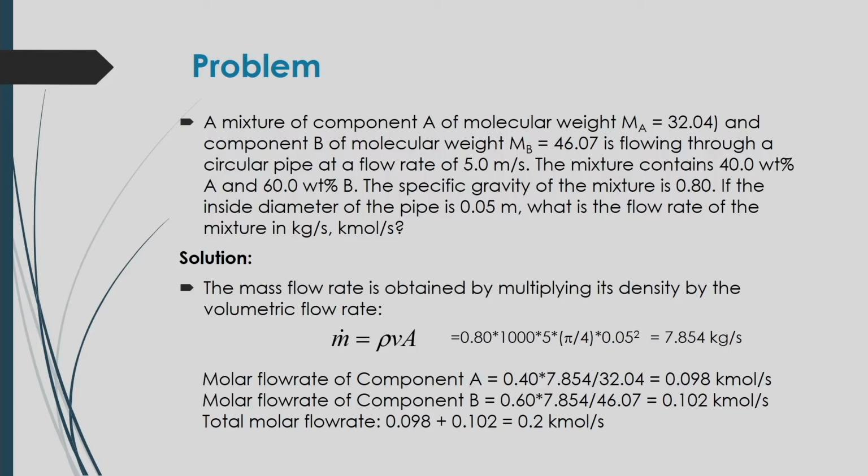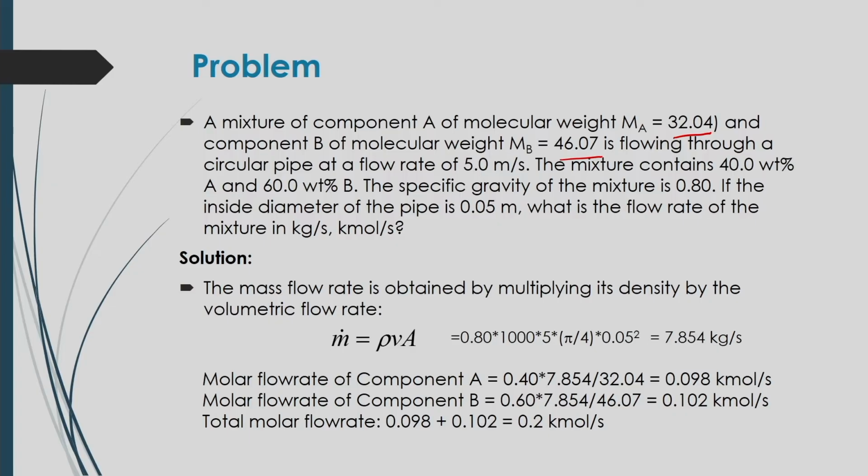Another example, suppose a mixture of component A, whose molecular weight is given as 32.04, and component B, whose molecular weight is 46.07, is flowing through a circular pipe at a velocity of 5 meter per second.